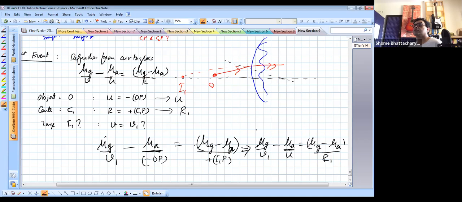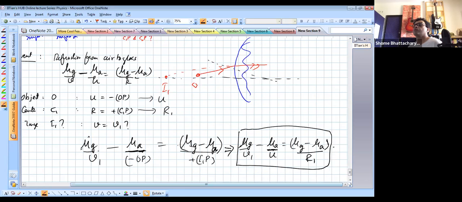Okay, so this is what we are getting in the generic form. It should be applicable for all kinds of situations from the first refraction. Okay. So that's done.